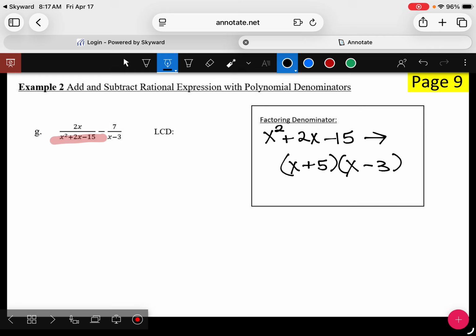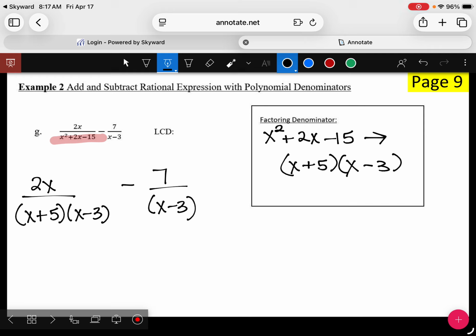So when I write this fraction, I'm going to rewrite it. And this time I'm writing my denominator in factor form. So keeping in mind that my LCD has to have both, I need to have an x plus 5 and an x minus 3. I only need to multiply one fraction.